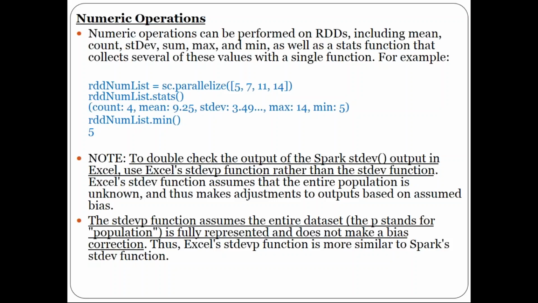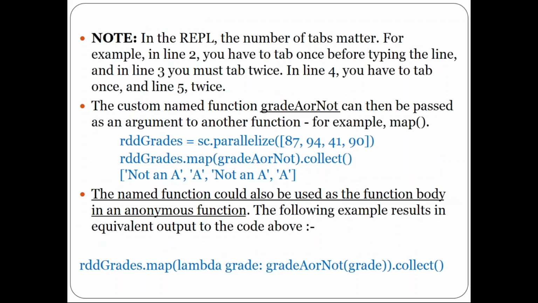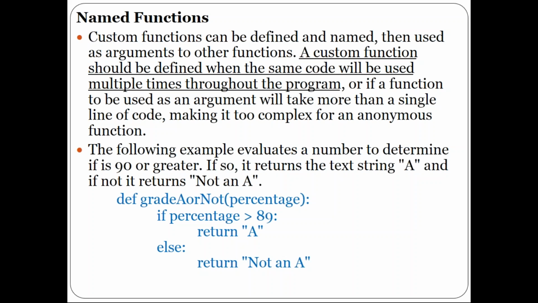What is the difference between anonymous function and the normal one on the previous slide? Good question, madam. I appreciate it. See, this grade A or not, okay? This one is custom defined, meaning you have written a condition here. It is not map, or flat map, or a class doing your work.